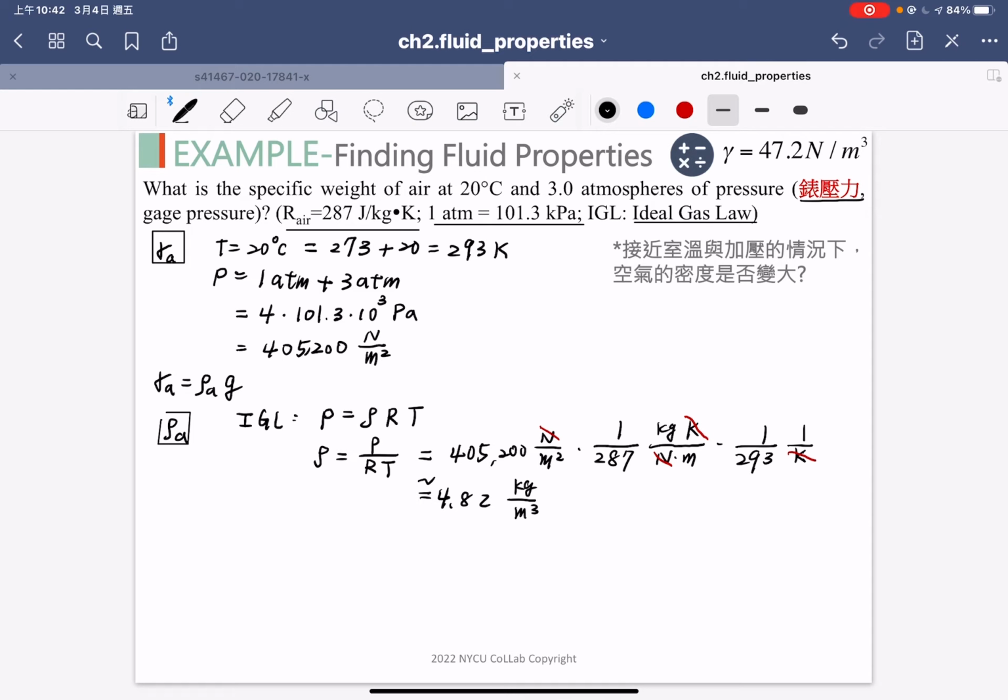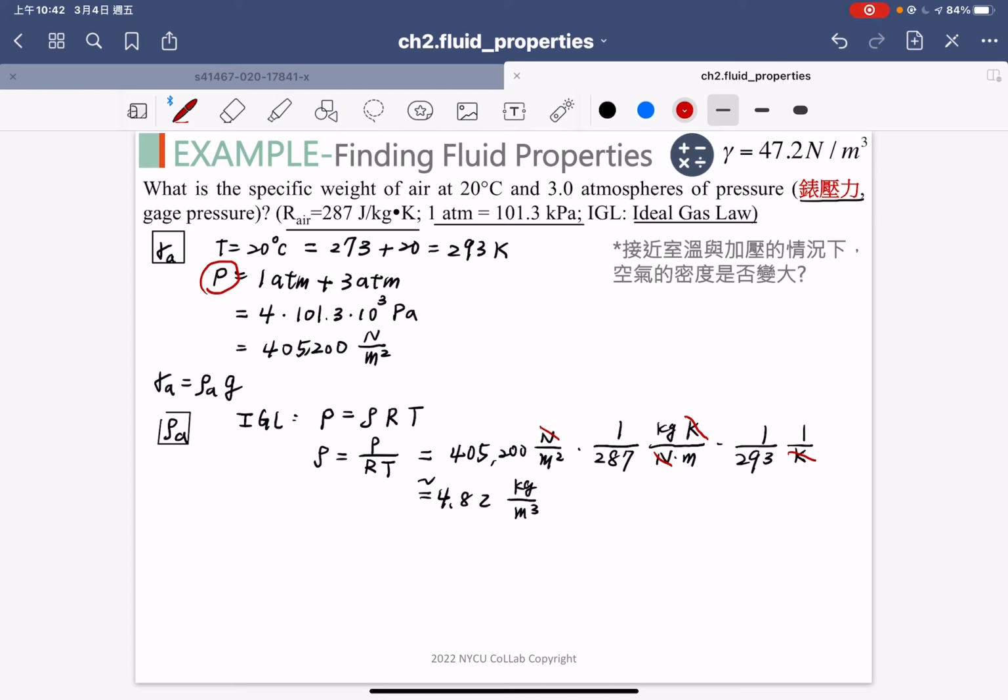Because of compression. The environment pressure is 1 atm, but right now we increase it to 4 atm. So the air will compress. So that's why the density will increase.